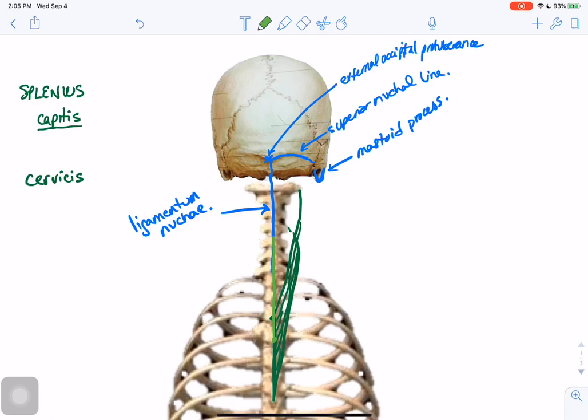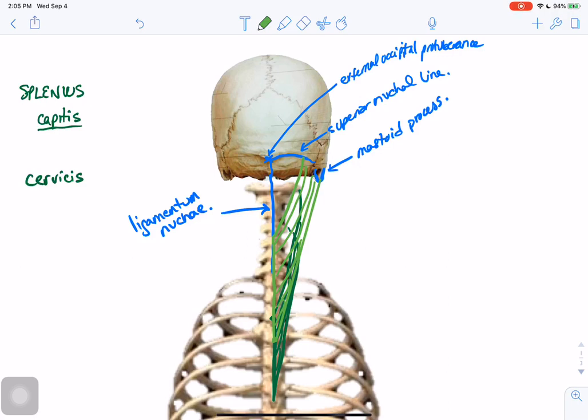And capitis means, of course, that it's going to the skull. So it's going to insert on the lateral third of the superior nuchal line. So the most upper fibers will have the more medial attachment. And then the lowest fibers will end up going all the way around to the mastoid process. And that is your splenius capitis.